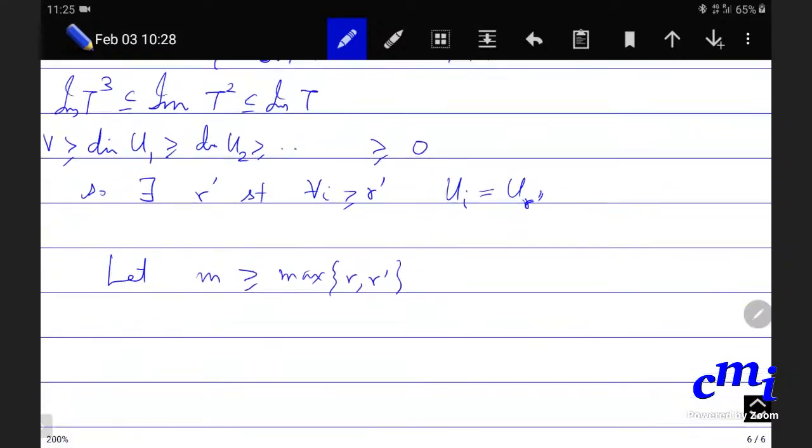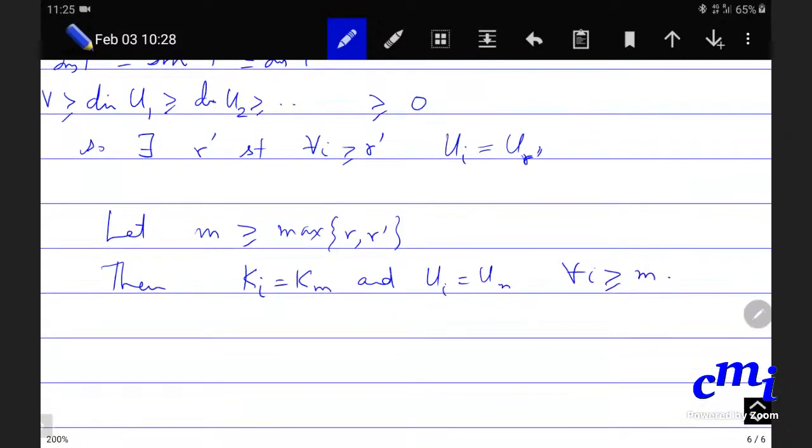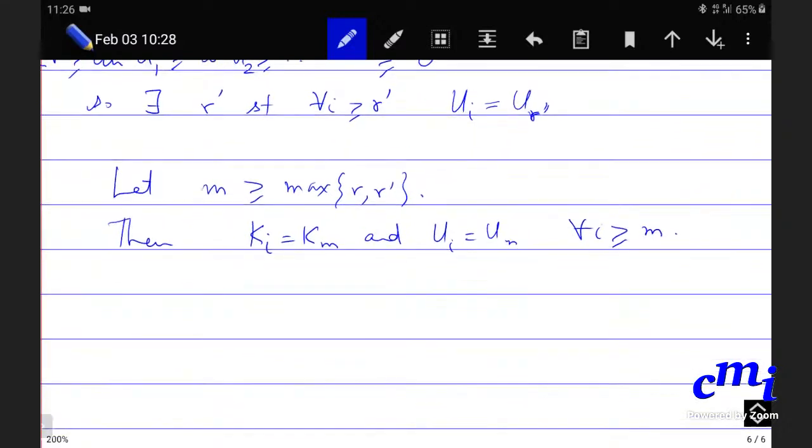So then Ki is equal to Km and Ui is equal to Um for all i greater than or equal to M. Okay, so this is the thing that we want. So this eventually stabilizes. So we will now write K for Km, the stable thing, and U for Um.